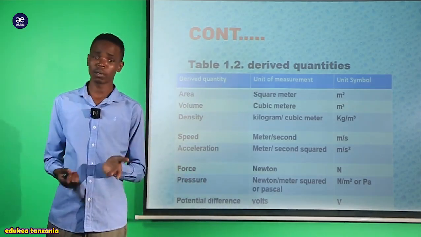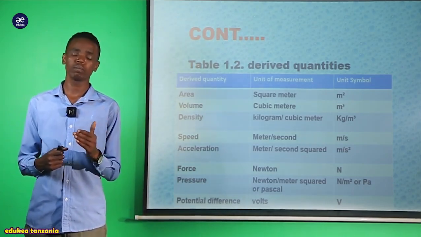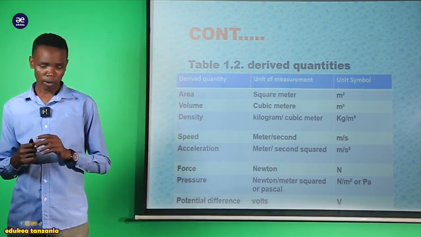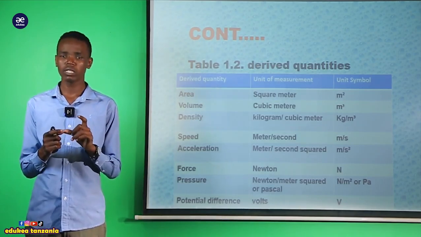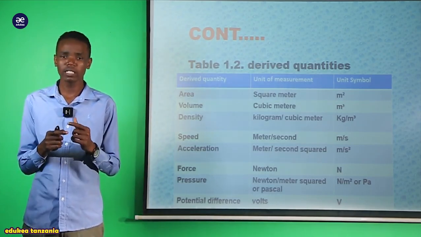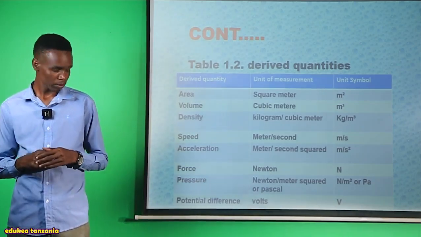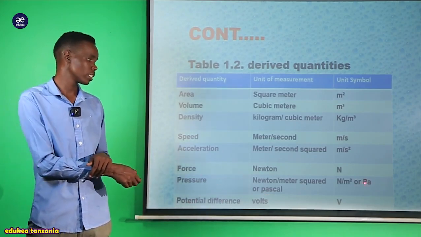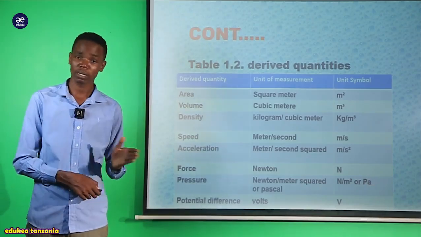Also we have the pressure. Pressure is obtained by taking the force per unit area. When we take this force per unit area and simplify it, we will get the fundamental quantities. Finally, the unit of pressure is Newton per meter square, or sometimes we can take it as the Pascal.